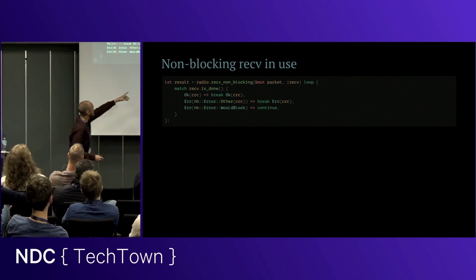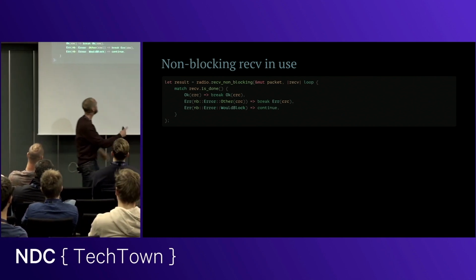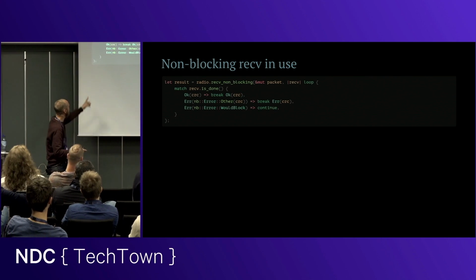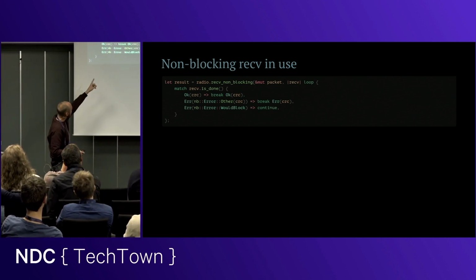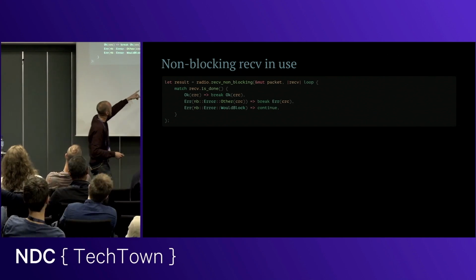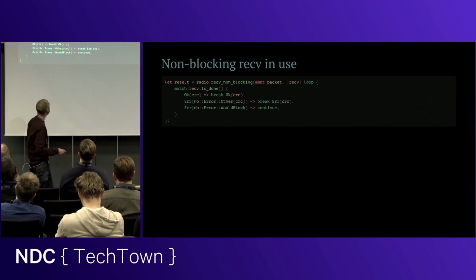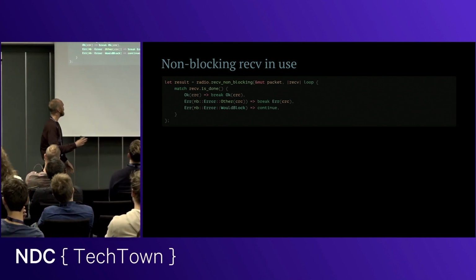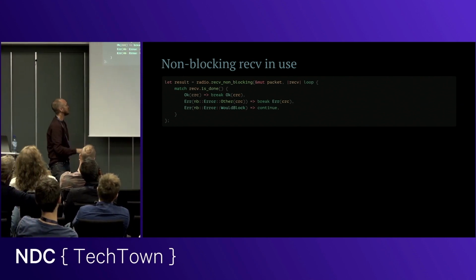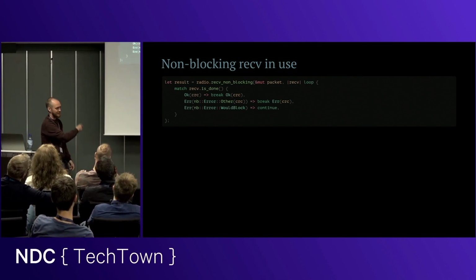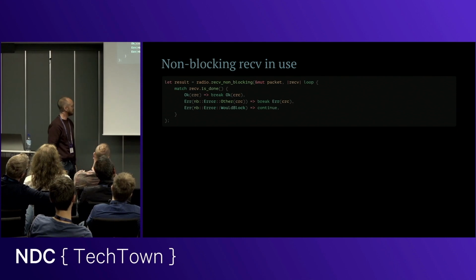But first, we have a loop here. So this loops, and it repeatedly calls is done. And if you get an okay or the other, then we break out of the loop. Or else we just continue looping if we get the would block. So now we've basically created a blocking function from the non-blocking. But I'll show you next how we use it in our application.